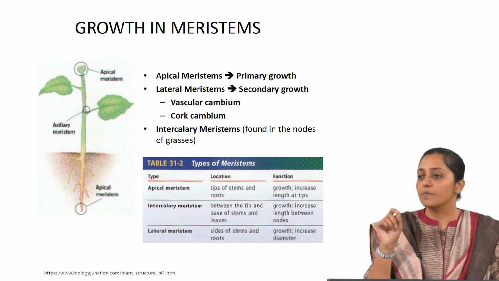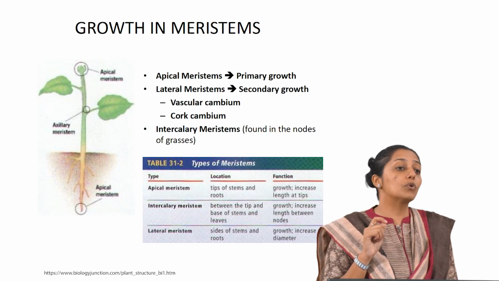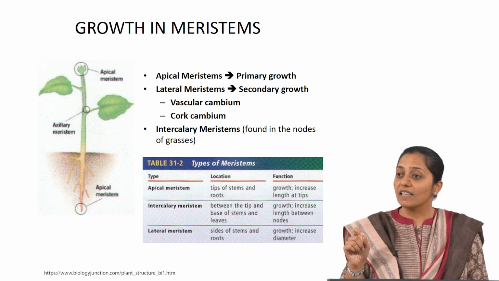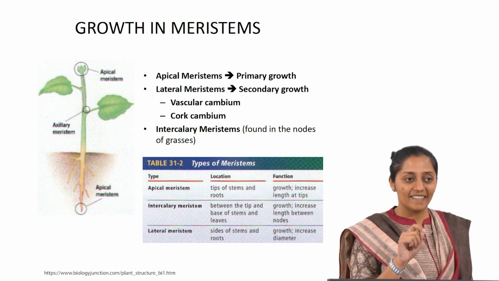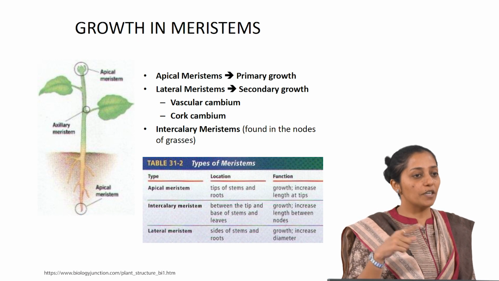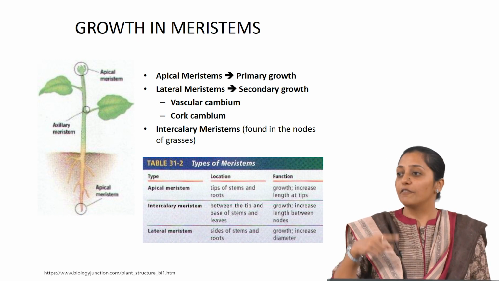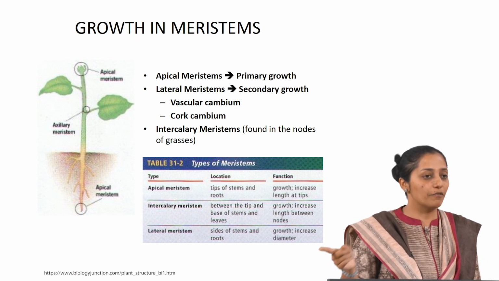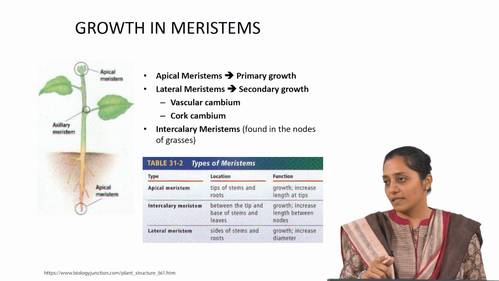Now, when we talk about totipotency in plant cells, it is because of these meristematic cells, which have the ability to continuously divide and then differentiate into different types of tissues or different types of cells.